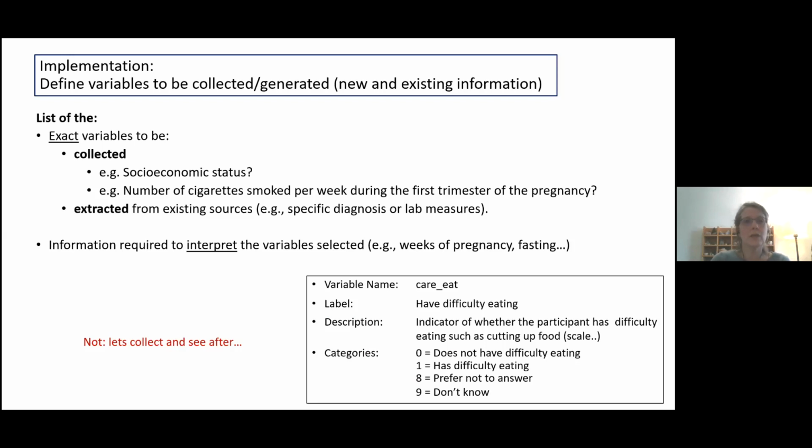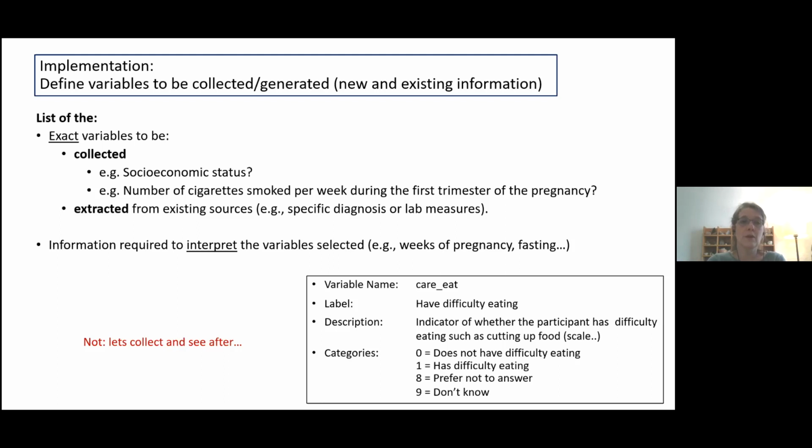You can ask many different questions. And if it's the income, is it the income of the participant, the income of the family before tax, after tax? If you want the income, do you also need information about the number of members in the family? So it's important to take time to think about all those things.